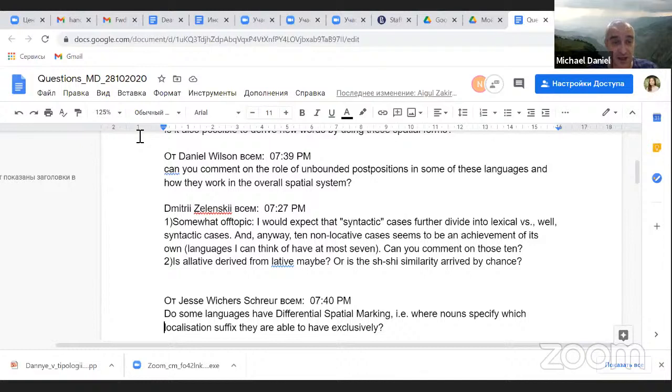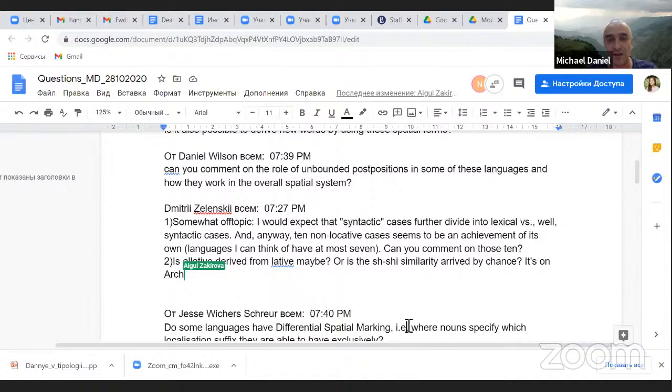Is allative derived from lative, maybe? Not in the languages I discussed. There was another slide on this that I had to skip, from the part of the presentation that I didn't have time to go over. There are some languages where allative may be derived from lative, so there are internal connections between these.